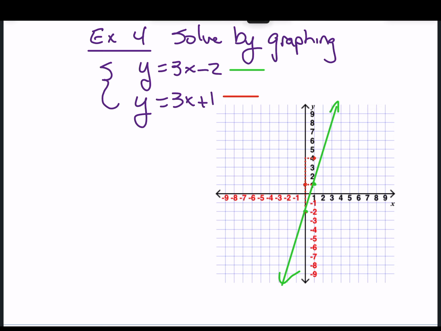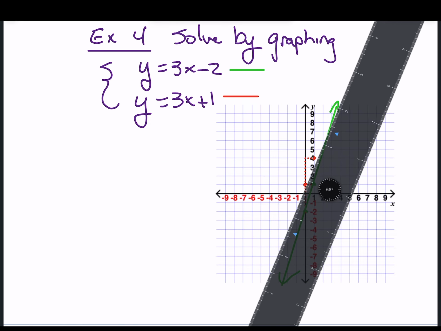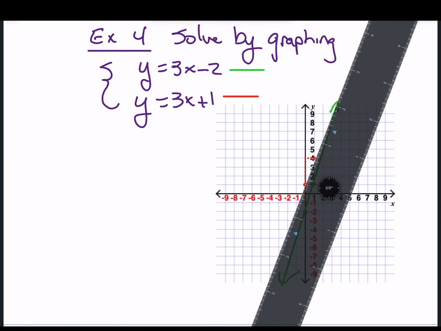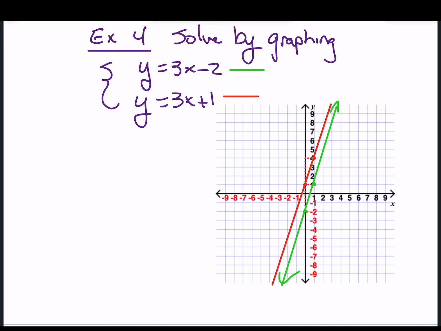Well, let's try that again. Didn't quite go through both points. That's a little better. Well, the lines don't cross. So what we find is that there are no solutions because the lines are parallel.